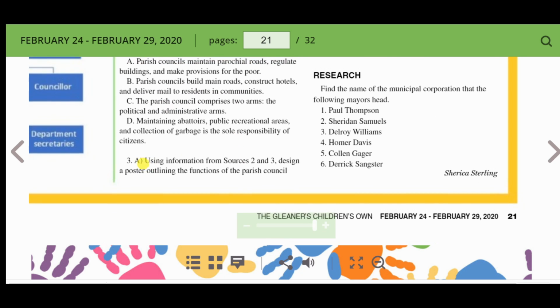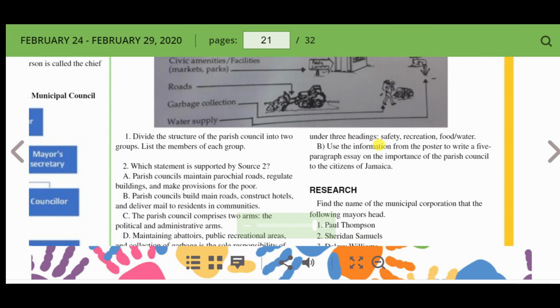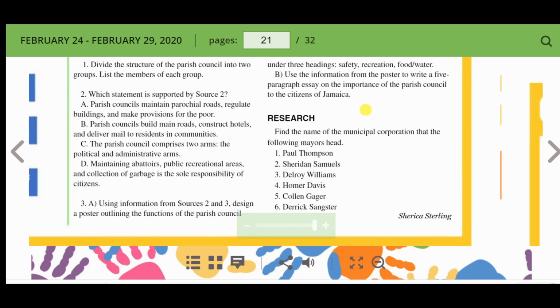Number 3. 3A. Using information from source 2 and 3, design a poster outlining the functions of the parish council under the 3 headings: safety, recreation, food, and water. B. Use the information from the poster to write a 5-paragraph essay on the importance of the parish council to citizens of Jamaica.